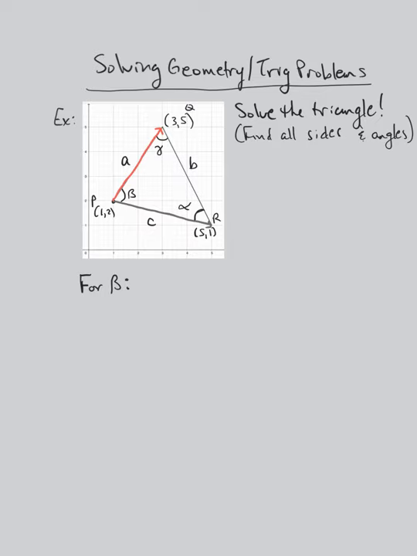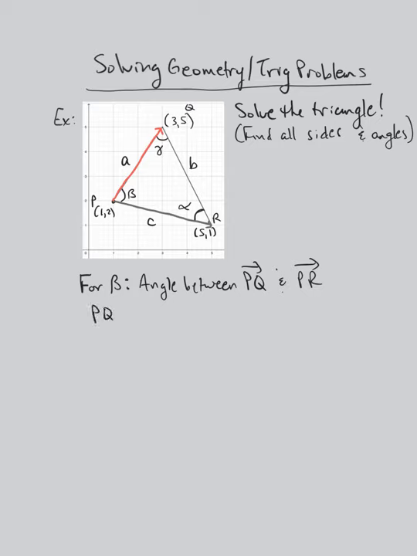Okay, like that. And so for beta, it's going to be the angle between the vector that goes from P to Q and the vector that goes from P to R. Like that. And since these are vectors between 2 points, we'll use that tip minus the tail idea.